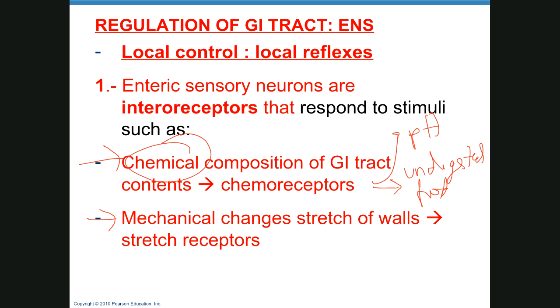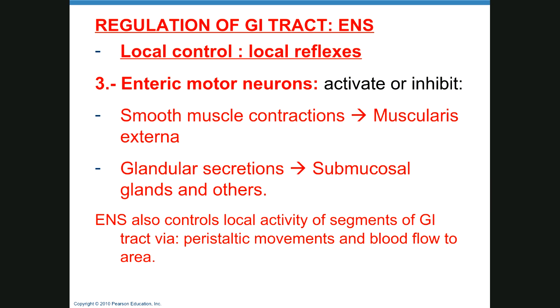Whereas the mechanical receptors are going to sense a stretch of the tract upon the arrival of food. The motor neurons are going to activate the muscles of the GI tract, muscularis externa, muscularis mucosa, and the glands of the GI tract.